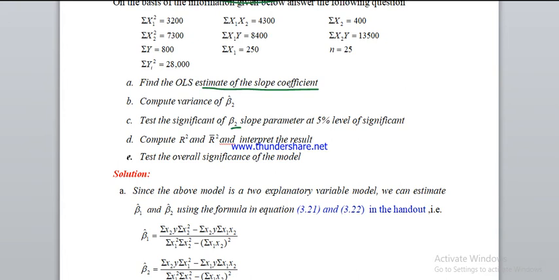Of course, there are also some differences in R square. In case of single regression, we use only R square, but in case of multiple regression, we have to report adjusted R square in our regression result.